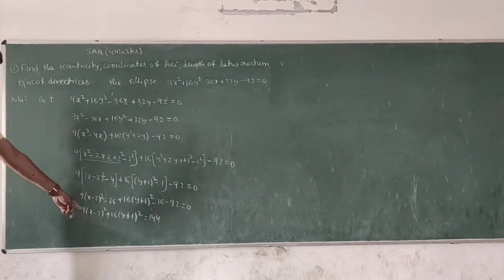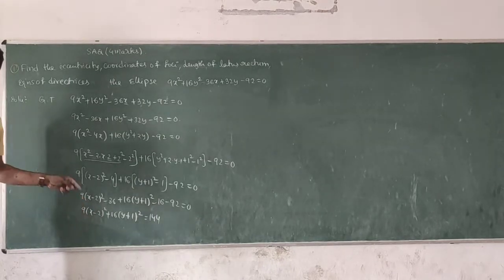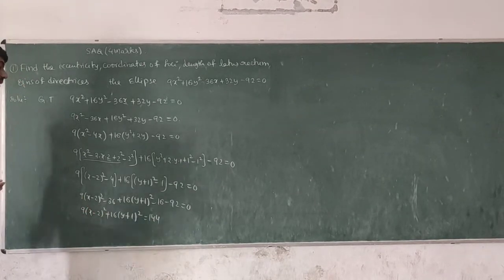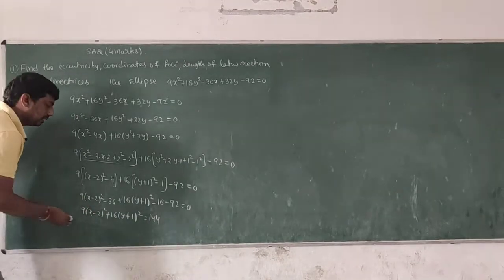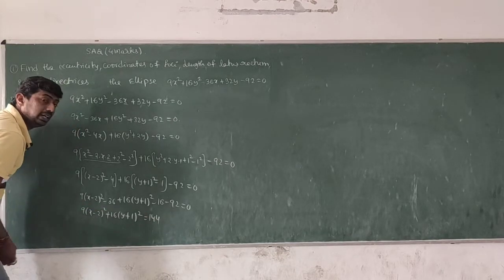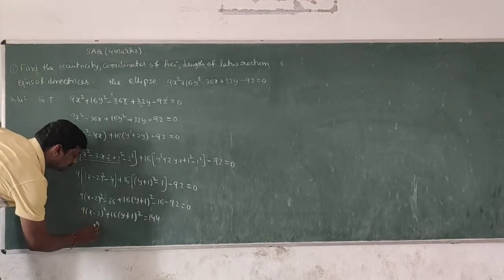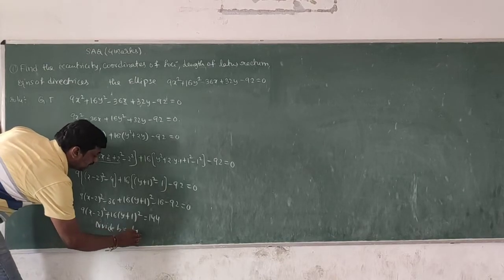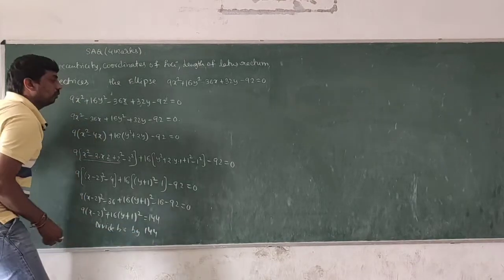Now, previous problem same model, but in the previous problem the center is the origin, that's why we had case 1 or 2. Here the center is (2, minus 1). That's why here on the right side we need 1 only, so divide both sides by 144.